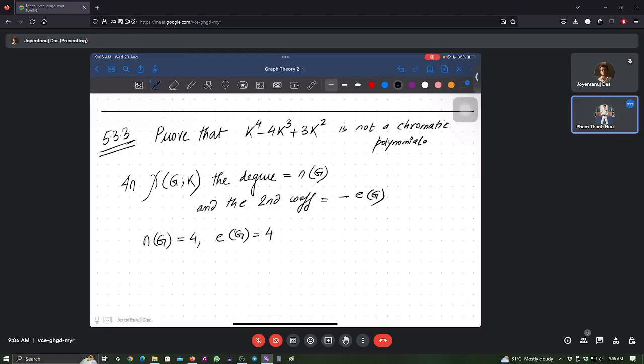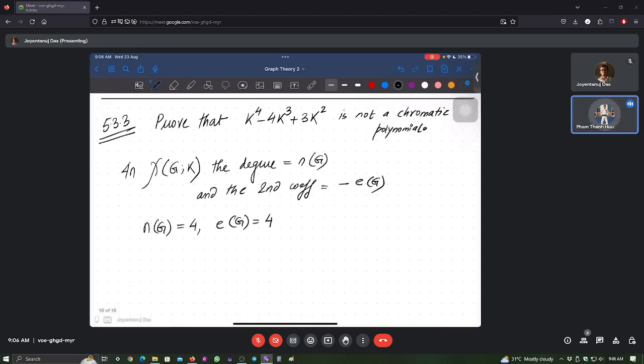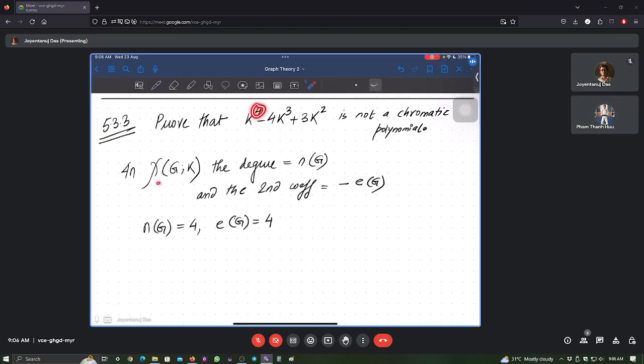The degree of a polynomial means the highest degree only. n is the number of vertices. So this is 4, and the number of edges is also 4.